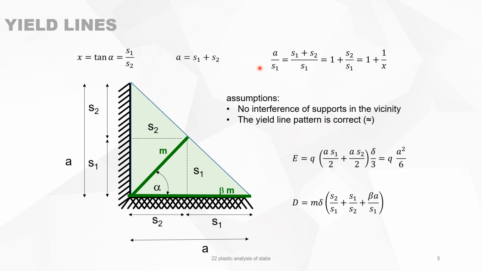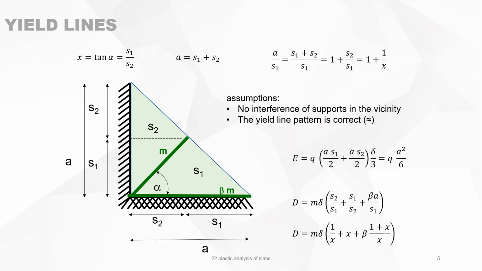But first we will do some small exchanges. We divide in this equation A by S1, and then we see easily that A over S1 equals 1 plus 1 over x. We do that because we will create a problem in an unknown, which is the angle alpha, and we said that we will use x as the unknown. So now we can substitute for A over S1 by x.